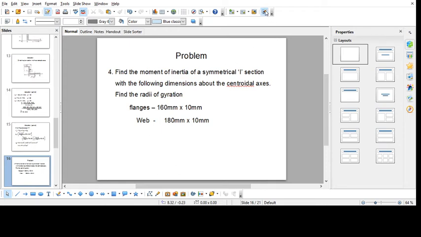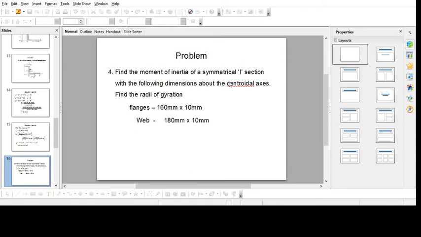It is simply: find the moment of inertia of a symmetrical I section with the following dimensions about the centroidal axis. Find the radii of gyration. So flanges are of length 160 mm into 10 mm. Web is of 180 mm into 10 mm.